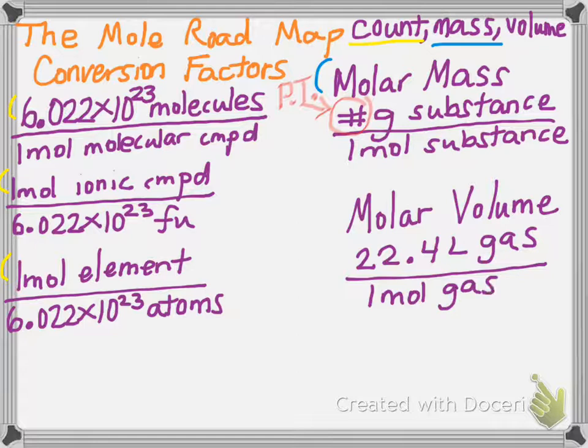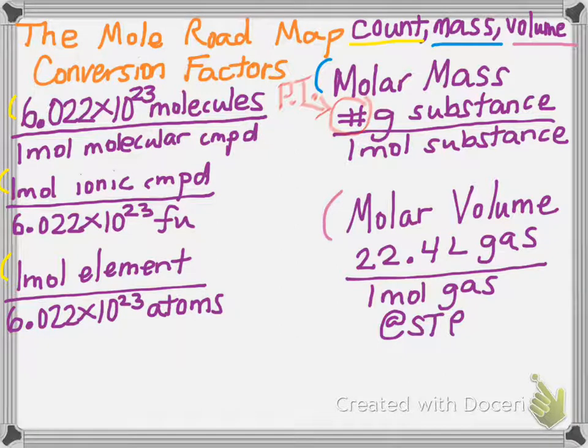Now remember, to use molar volume, we have to be at STP, that's standard temperature and pressure. That's a temperature of 0 degrees Celsius and a pressure of 101.3 kilopascals, or 1 atmosphere of pressure. Okay, but this is our molar volume conversion factor. So again, our tool for volume is this molar volume.